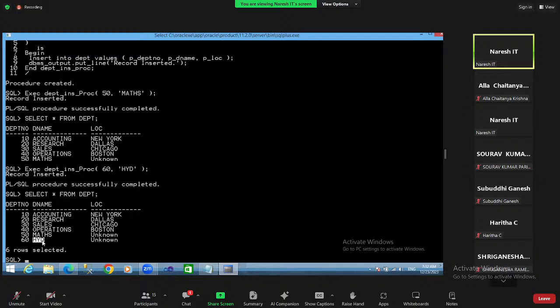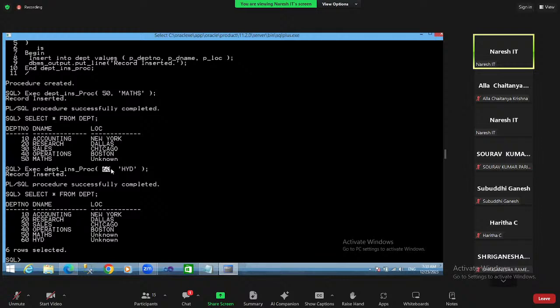Why, sir? Hyderabad is a location, that should be stored in the location column, no? You know Hyderabad is a location, you know Secunderabad is a location. The system doesn't know. By default, our procedures are called by positions.